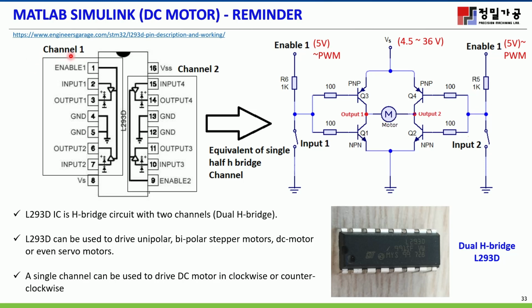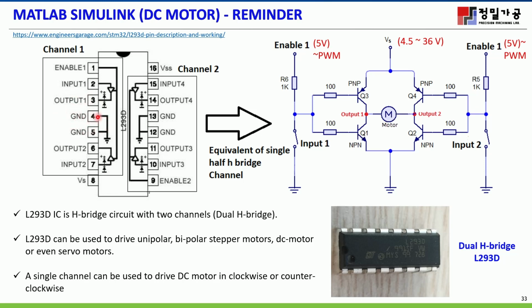This is the connection for each pin. As you can see, pin 1 is enable, pin 2 is input 1, which is the input to control the direction, and the output is motor output 1. I think this one can take the positive side of the motor anyway.